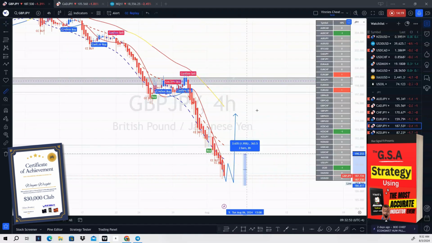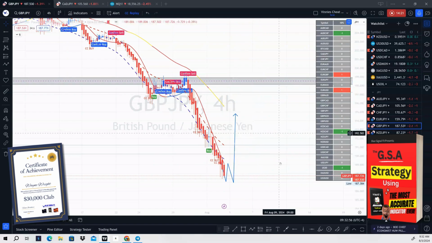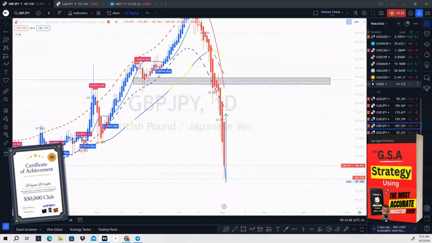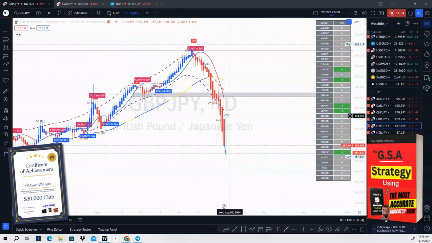This is an estimate, but you're looking at about 1,000 pips here on GJ just from this pullback off of the daily time frame. So that is our target here on GJ, and that's a move we are going to look to take.